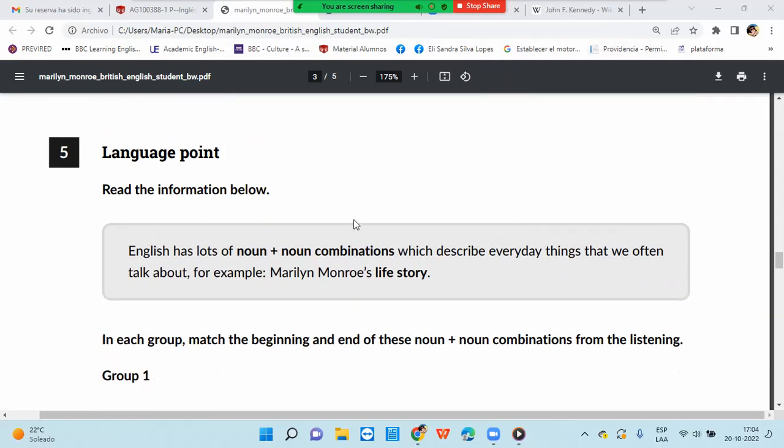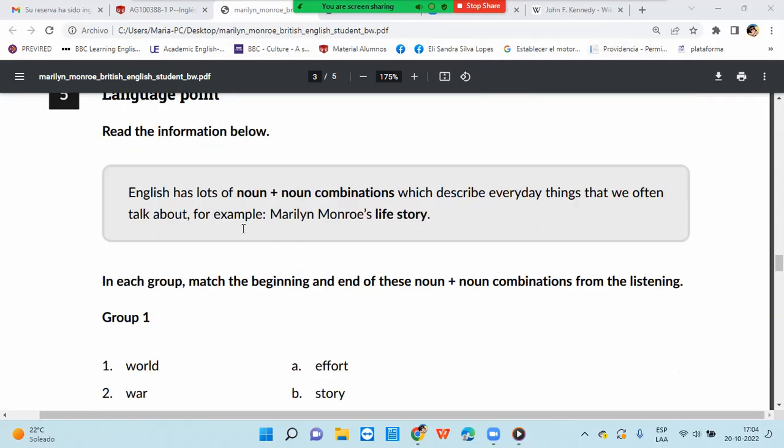In this part, we're going to practice something that we have already mentioned: in English, you can make combinations of a noun plus another noun. English has lots of noun plus noun combinations which describe everyday things that we often talk about. For example, Marilyn Monroe's life story.